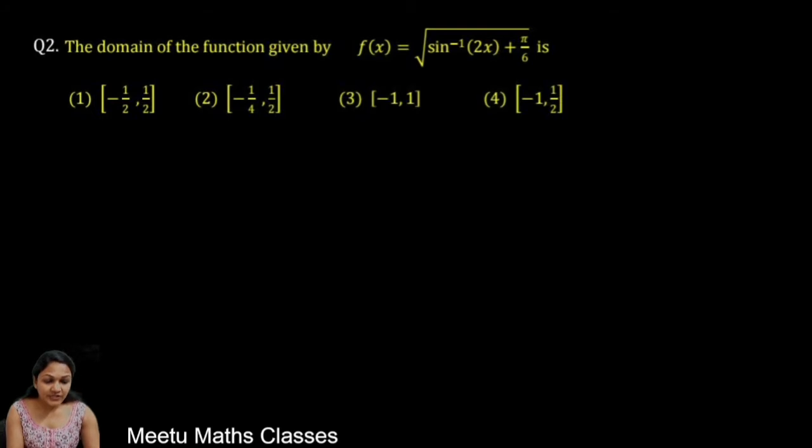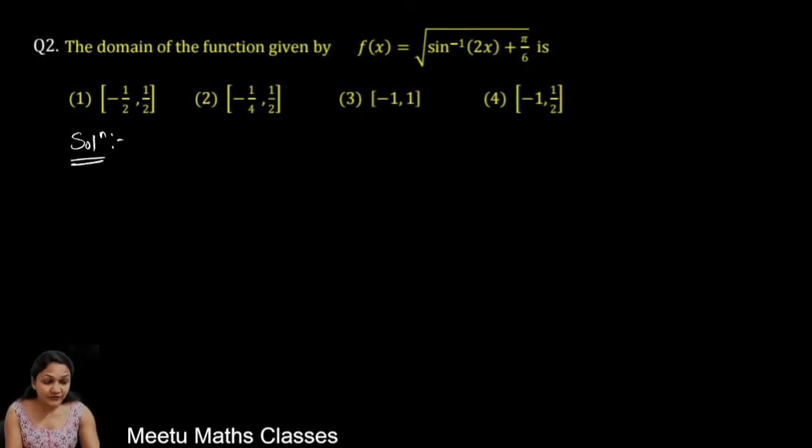Now your second question is: the domain of the function given by f(x) = square root of (sine inverse 2x plus pi by 6). Now to find the domain of your function, we know that your function is of type square root of something.